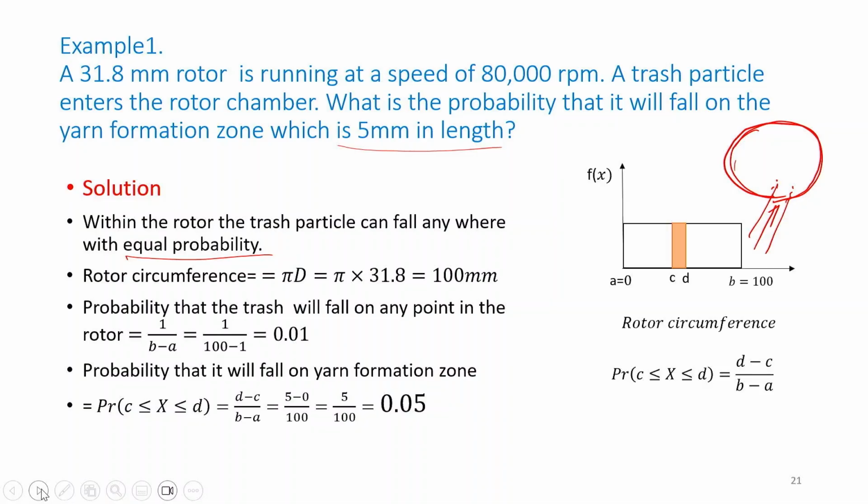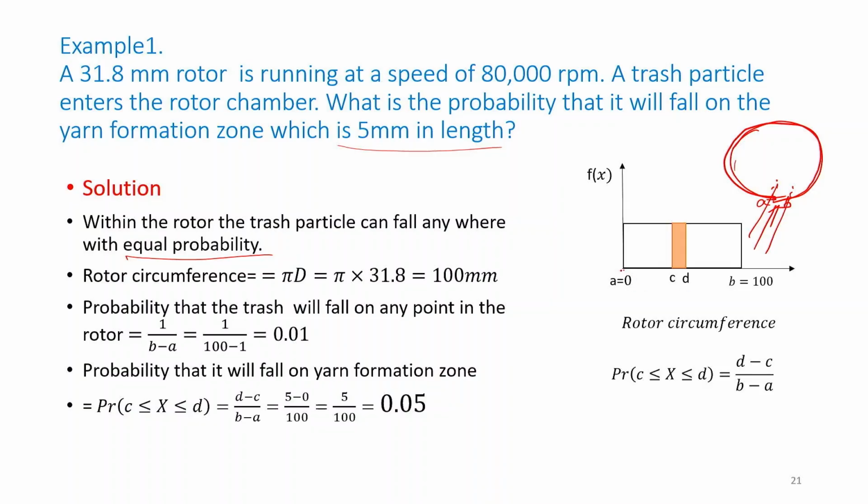So we have drawn that if I open it up, we will say that one end of the rotor is the A end and here is the B end, and A and B are so close to each other.